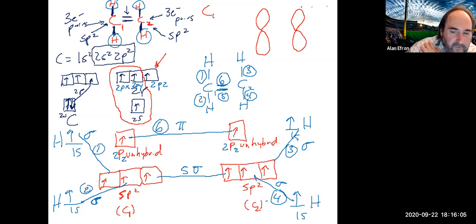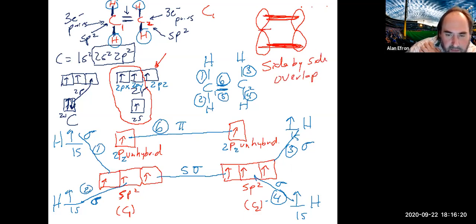It is side-to-side overlap between these 2 unhybridized p orbitals, side-by-side overlap. The bond would be kind of here in this area, so we get this overlap above and below the plane of the molecule. And again, that is what is referred to as a pi bond. Any questions on that there?